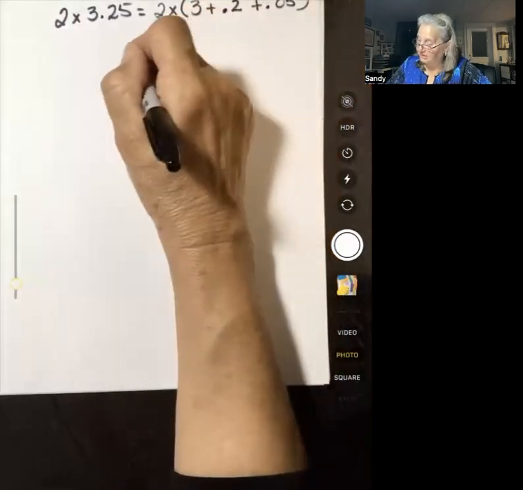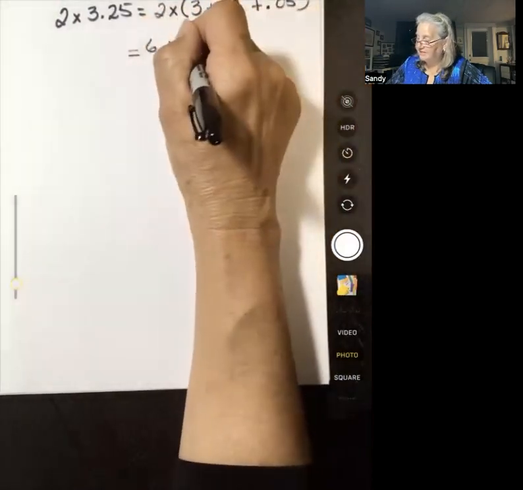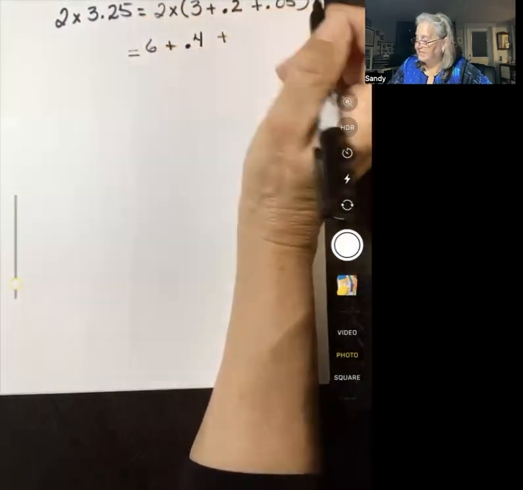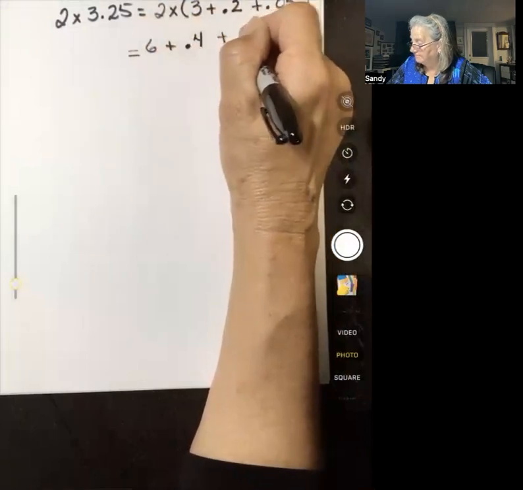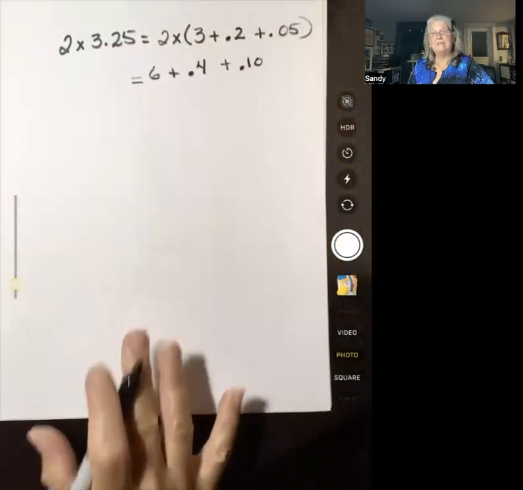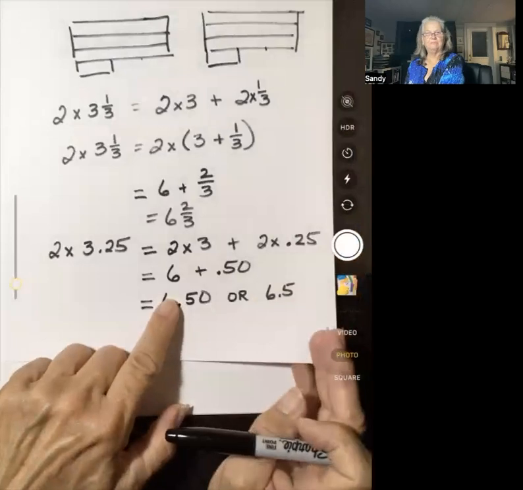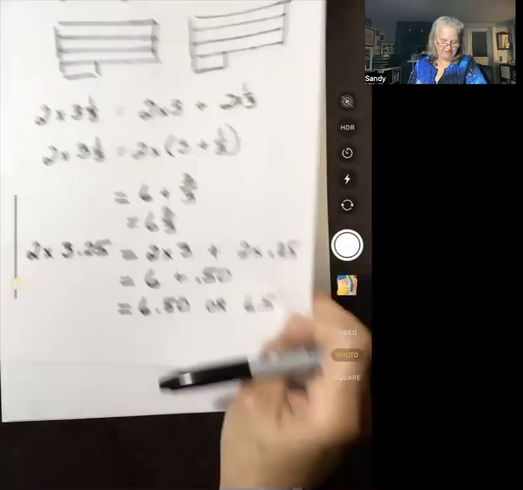So I would have doubled the 3, double the 2/10ths, double the 500ths. Gotten that same answer, okay? So I'm thinking of doubling the pieces. I can do that mentally, especially when I was thinking about this back in this form. That was very easy to do mentally.